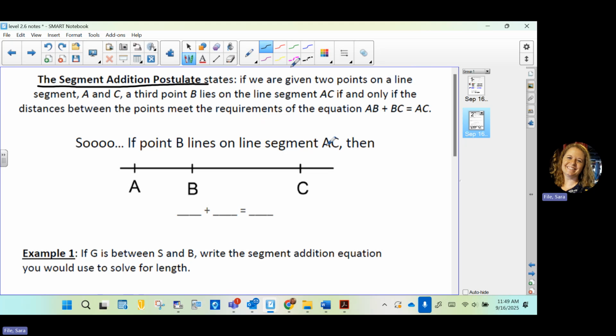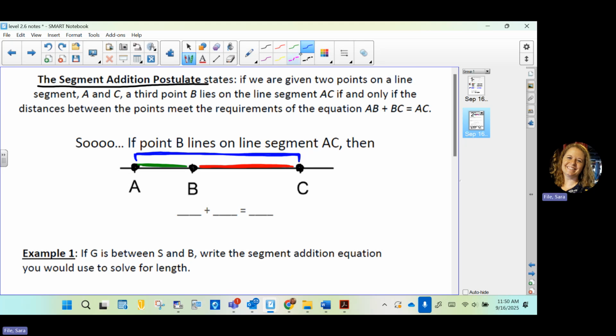What it means is that if you have a segment AC, and a point somewhere in between, not the midpoint, it could be anywhere in between, you have now created two smaller segments. Do y'all see that? We broke it up into two pieces, and those two pieces together add to the total length.